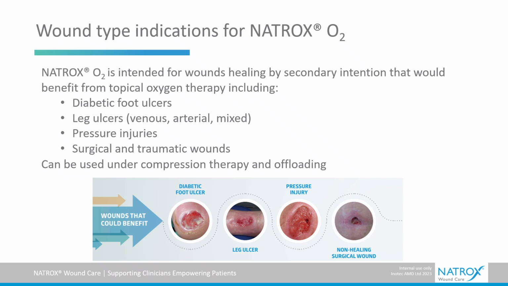Again, it's an adjunctive therapy, so it can be used under compression or with offloading and in combination with most of your typical dressings that you're already utilizing for wound management.